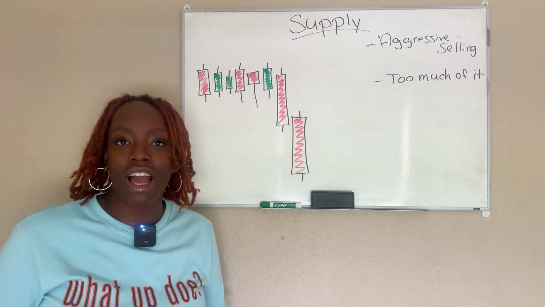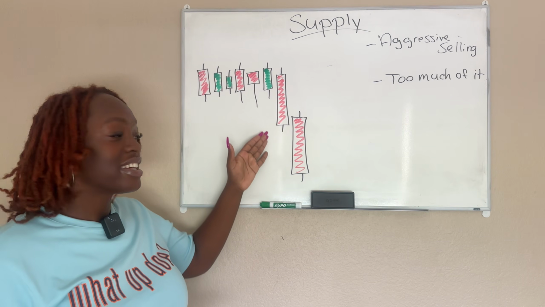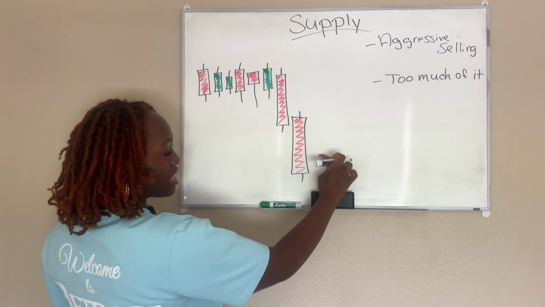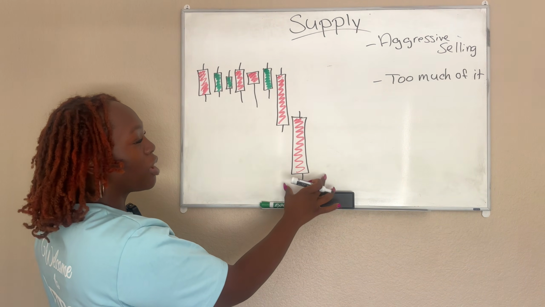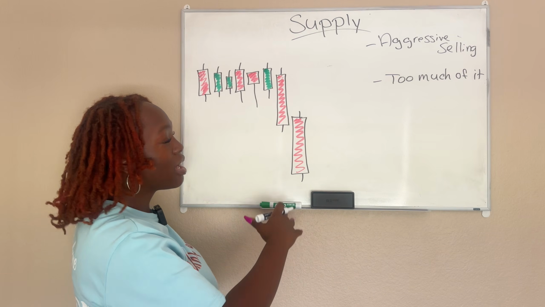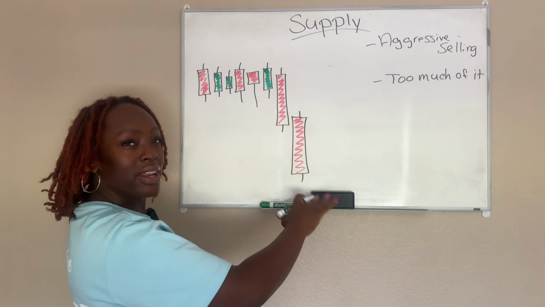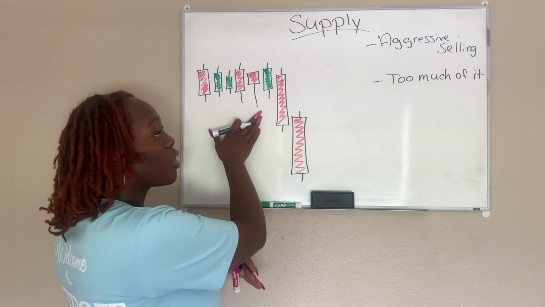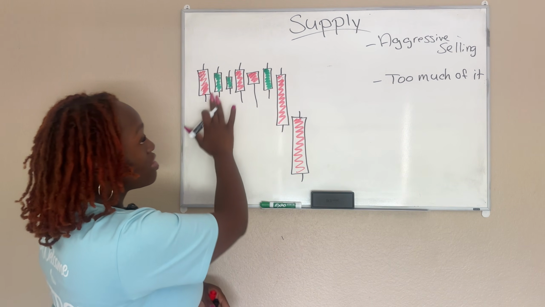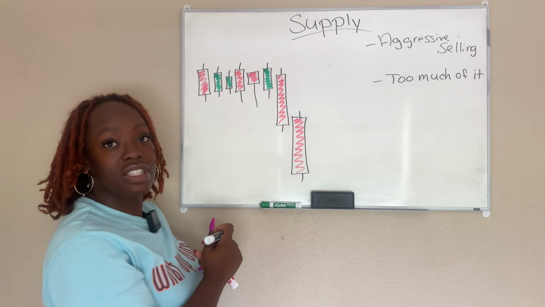Now, what exactly are you looking for? First, you'll want to see some aggressive selling. You will see some large engulfing candles selling, or multiple engulfing candles, or multiple regular candles selling. It doesn't matter too much what it looks like exactly, as long as it's aggressively dropping. We're moving along like this, and then we just started dropping, dropping, dropping. That's what aggressively selling is.